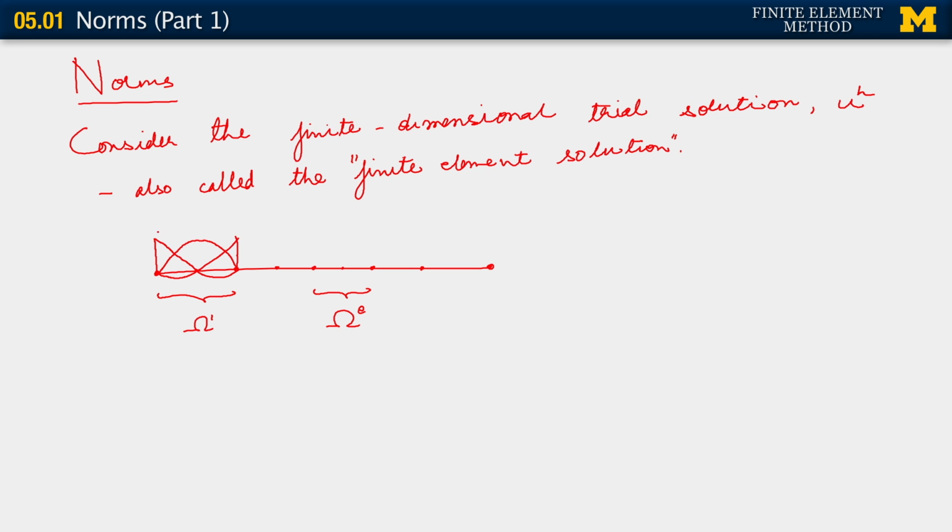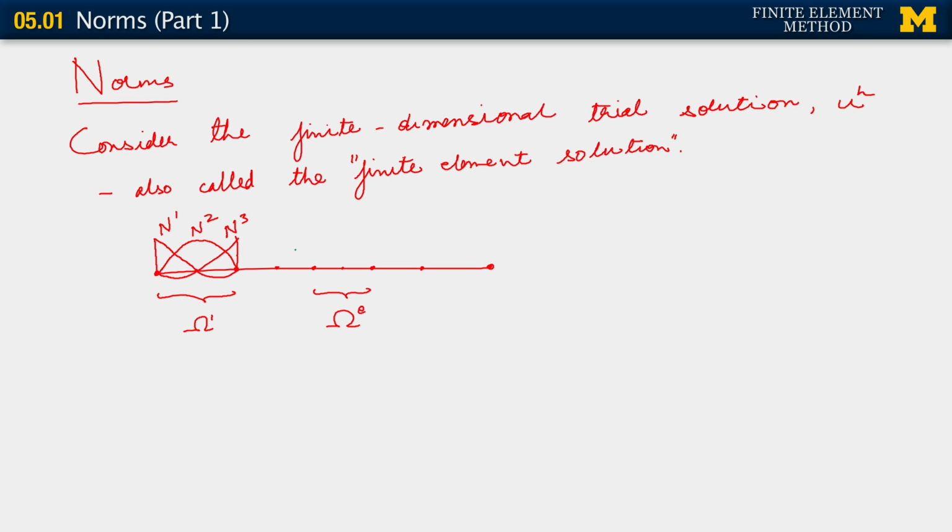Okay, let me label them just for this one maybe. N1, N2, and N3. Okay. For element 2, let me perhaps use a different color so we can highlight a certain point.